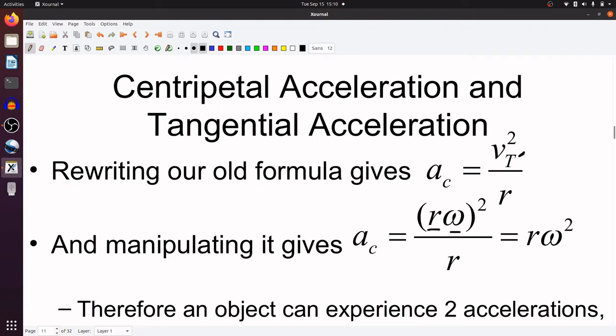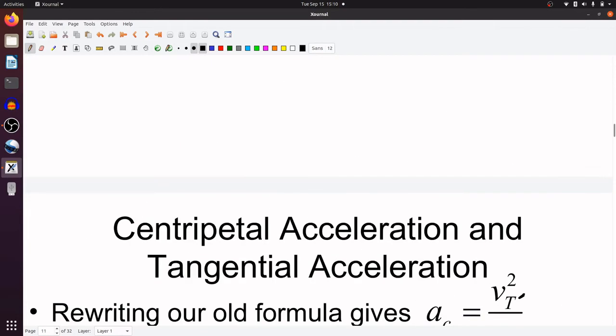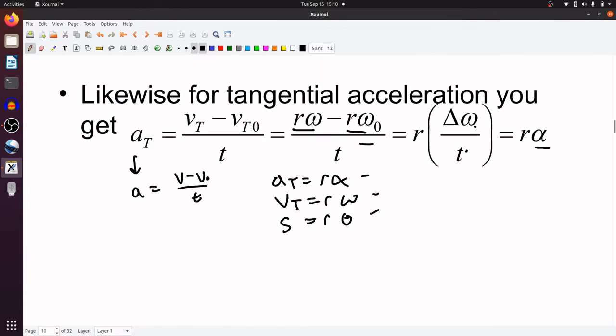So this is r squared omega squared over r. One of your r's stays, this r goes away. And now we get a slightly different formula, but your centripetal acceleration is r omega squared, not to be confused with your tangential acceleration, which is r omega, as we saw from earlier, or r alpha.